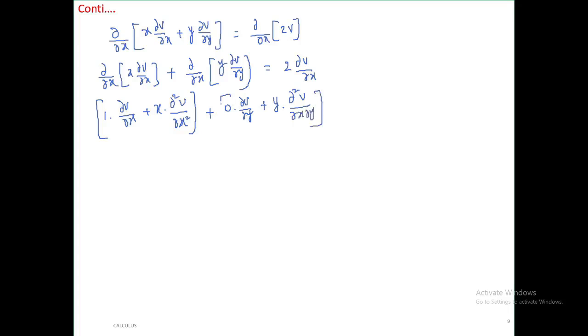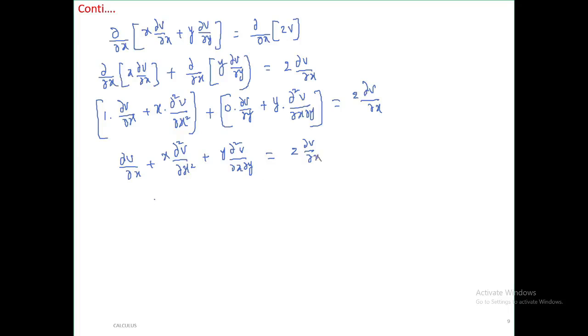So this method is over, equal to 2 ∂v/∂x. Then what will you get here? ∂v/∂x plus x ∂²v/∂x², plus y ∂²v/∂x∂y is equal to 2 ∂v/∂x.